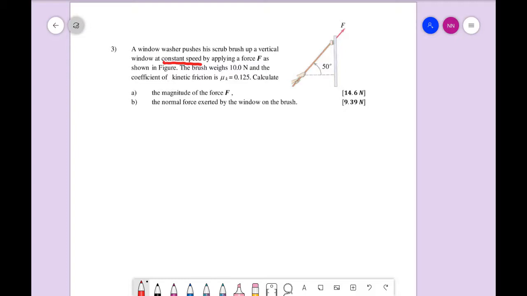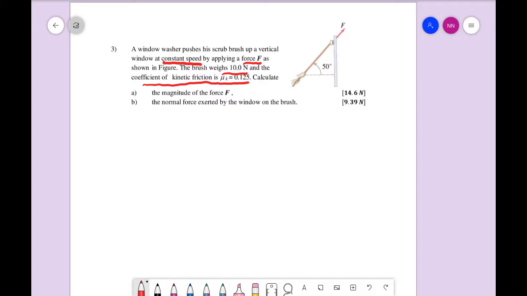By applying a force F as shown in the figure, the brush weighs 10 Newton and the coefficient of kinetic friction is 0.125. This is the coefficient of friction, not the friction yet.